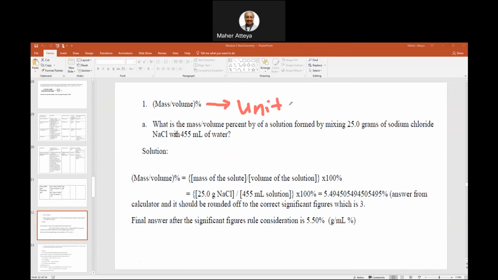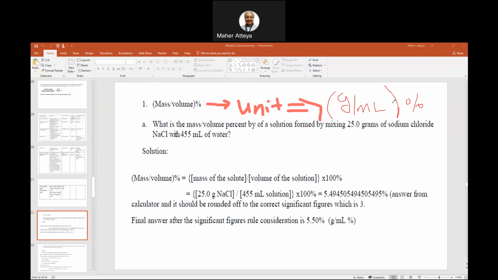What is the unit here? Gram per ml. Yeah, this is gram over ml, the mass over the volume, and then parentheses 100%. That's the unit of it, correct? Gram per ml, 100%. So that's the unit of mass to volume.